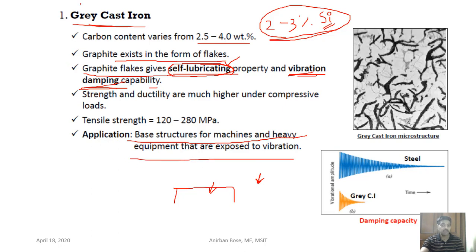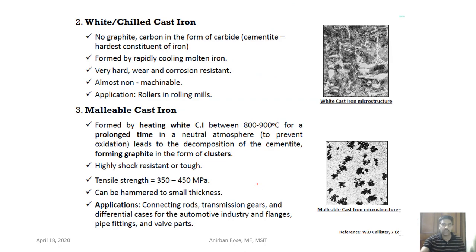Now here you can see this is the white cast iron, and in white cast iron there is no graphite present. That means the cooling process is very fast. If the cooling process is very fast, then what happens? This cementite will not get any time to diffuse this carbon out in the form of graphite, and that is why white cast irons are produced when you are cooling it very fast.